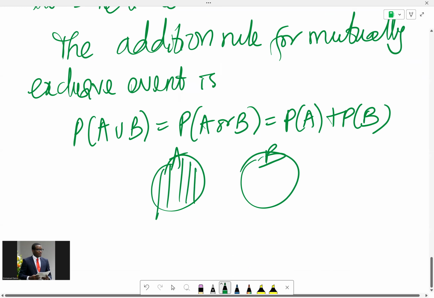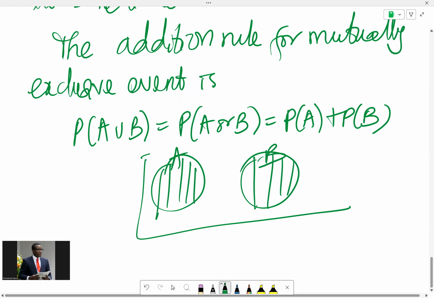They don't have anything in common. That is mutually exclusive events.